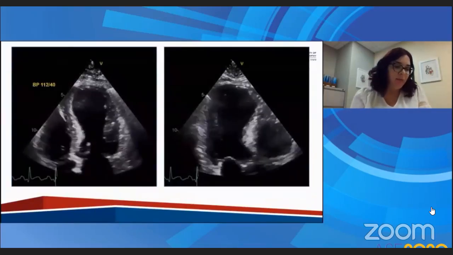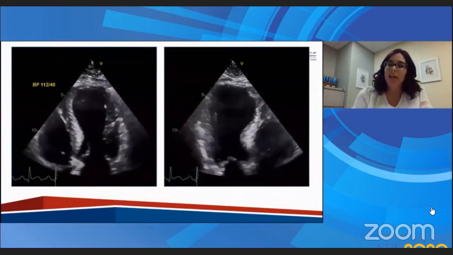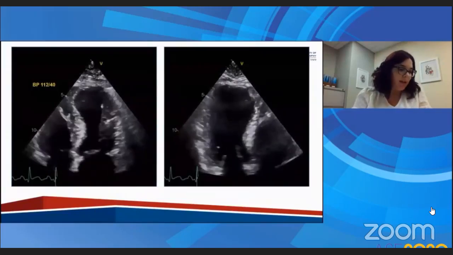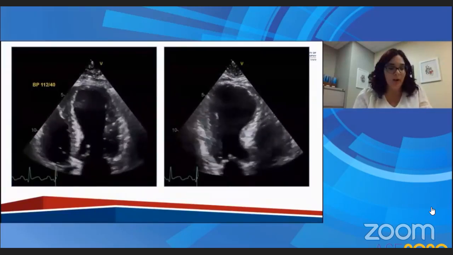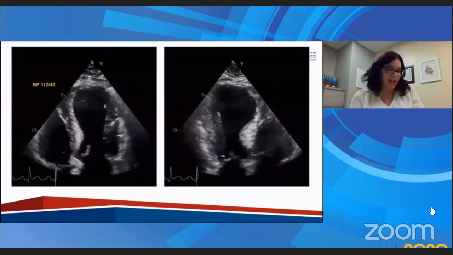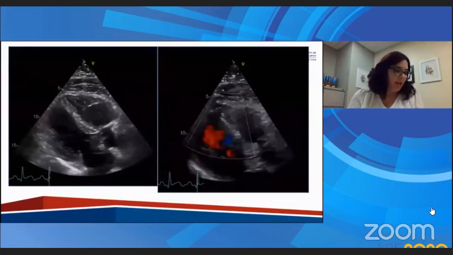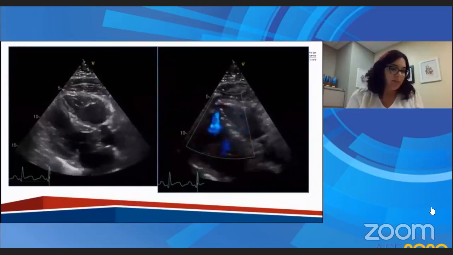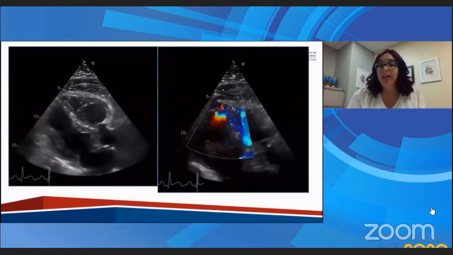Many times we may see wall motion abnormalities like this and either consider Takotsubo or multi-vessel disease. But again, we want a thorough approach to care. Next slide. And knowing the apex is thinned and akinetic can make it vulnerable to mechanical issues such as VSDs.